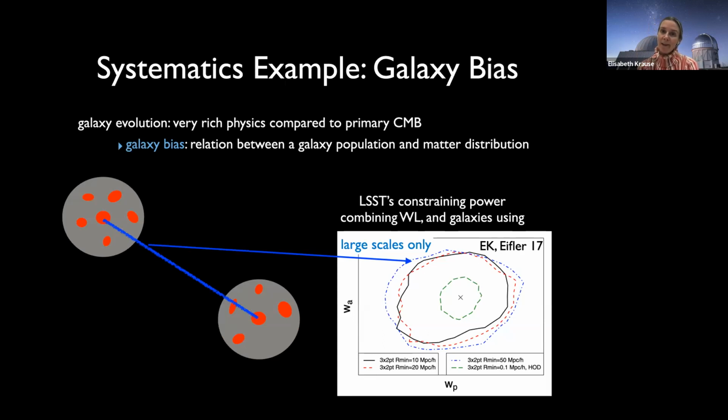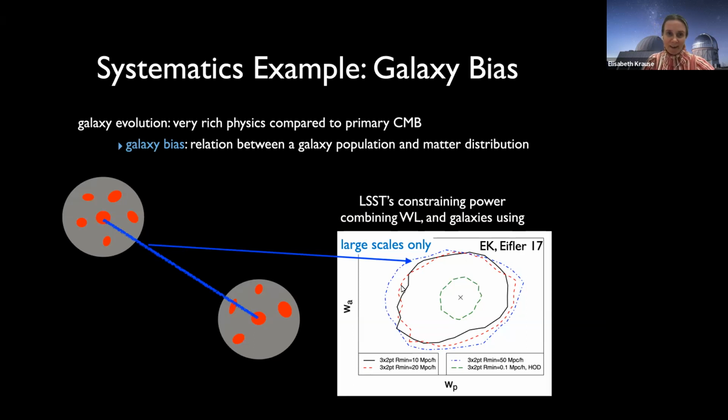As one simple example here, I want to come back to galaxy bias, which is the relation between a galaxy population and matter distribution. If we take the conservative view that we can only do this on large scales, then we end up with a family of forecasts like these blue, black, and red contours using slightly different cutoff scales, showing the constraining power for combining lensing and galaxy clustering analysis using large-scale galaxy bias only.